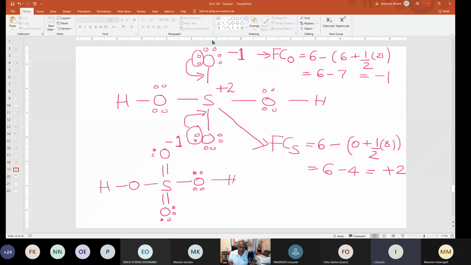And then, if you want, you can calculate the formal charge on the sulfur, and you find it is 0.